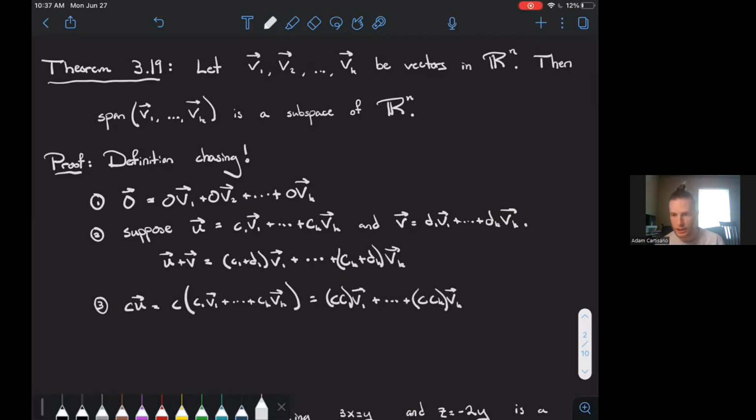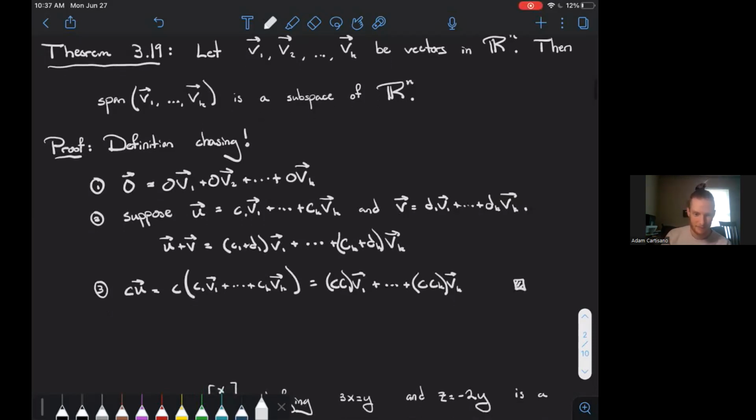Again, I just distributed the c to every single term. c is some arbitrary scalar. And then what we do is we just group the parentheses around the pairs of scalars so that we have, once again, another valid linear combination of the vectors v1 through vk. That's it. These are the three properties that we needed to satisfy in order to show that the span is a subspace. So we just had to verify that it works, and it does.